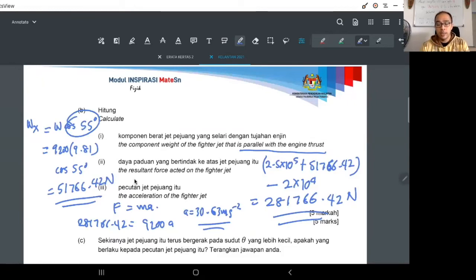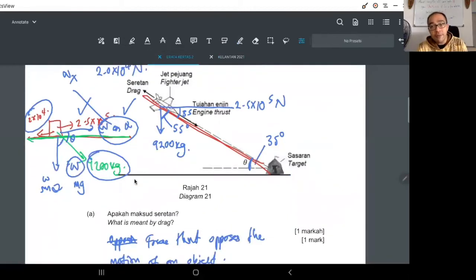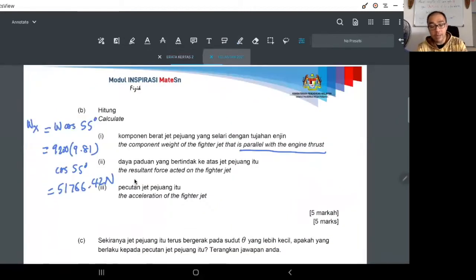So let's say, instead of cos 55, I use a smaller angle. Cos 55 is 0.5735. Oh, sorry. It's not the 55 that becomes smaller. It is the 35 that becomes smaller. If the 35 becomes smaller, then the 55 becomes bigger.